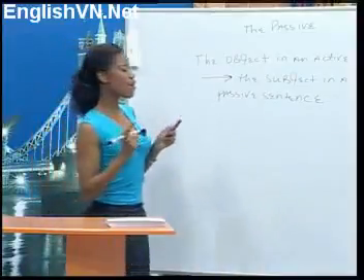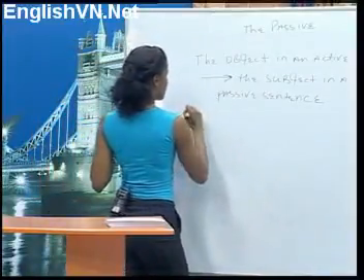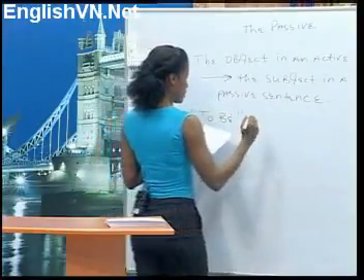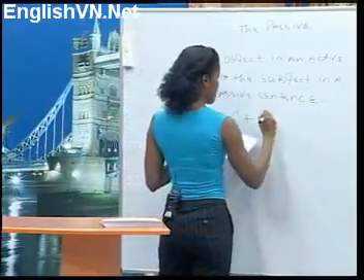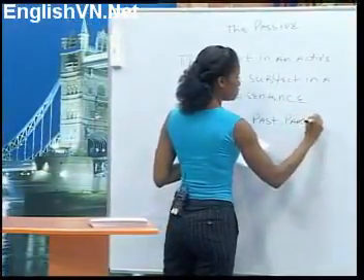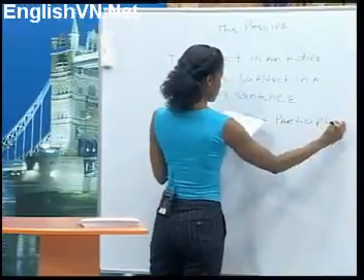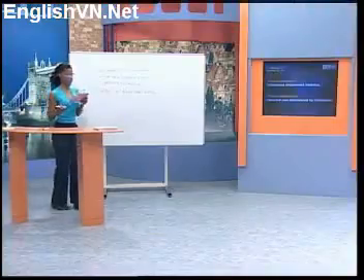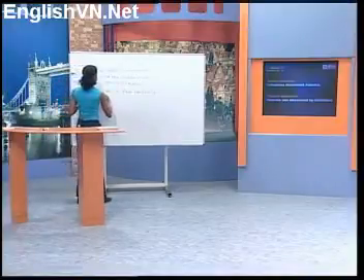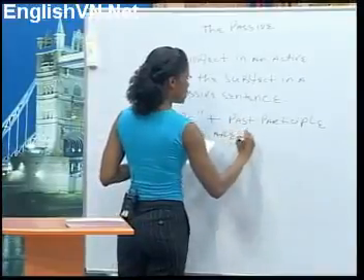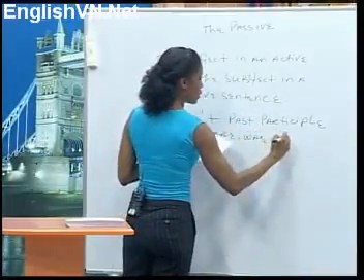Okay, the form for all passive verbs is the verb to be plus the past participle. Okay, so be can be in any of its forms. So it can be am, is, are, was, or were.